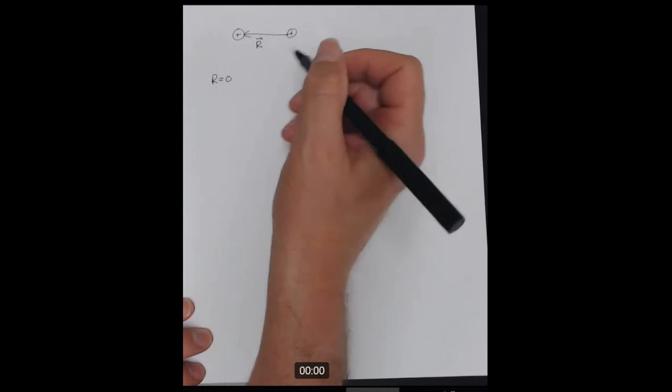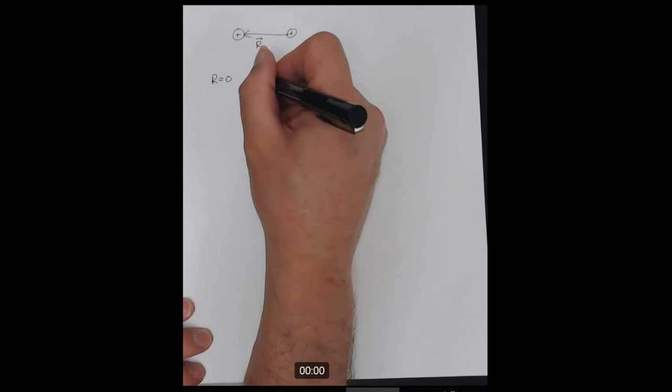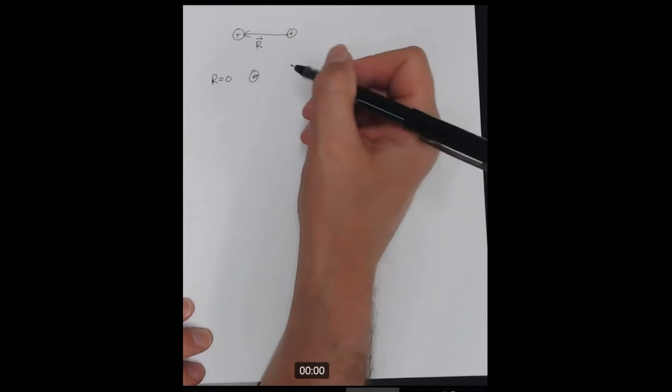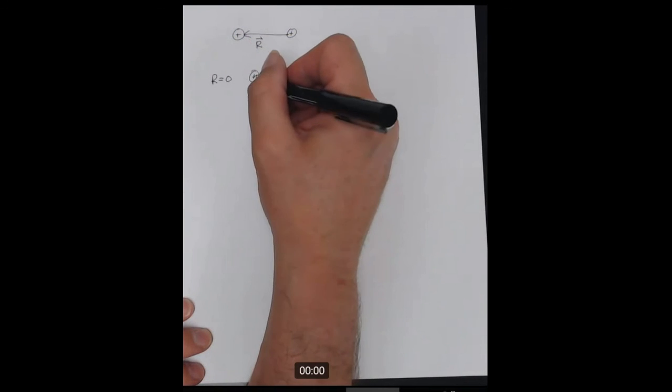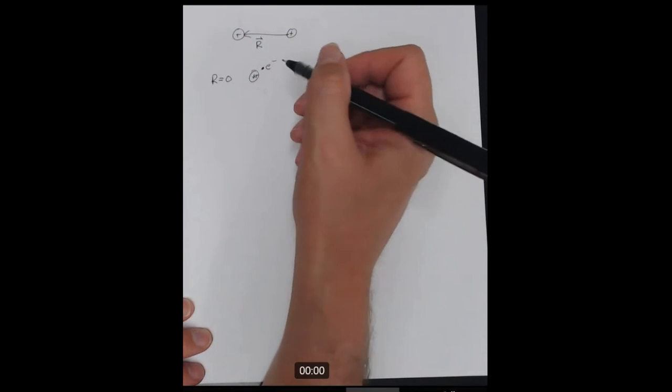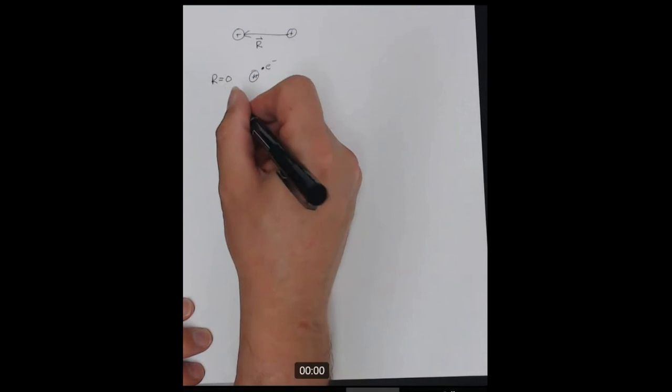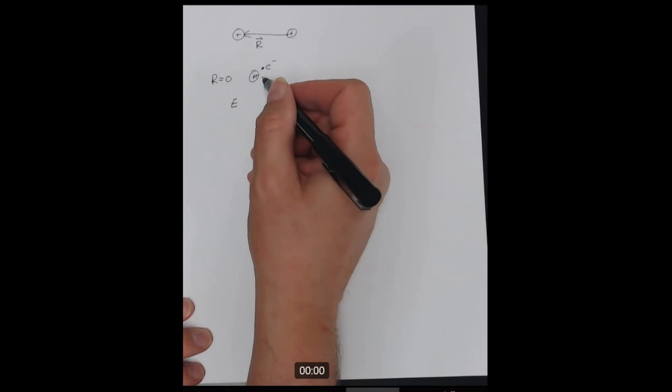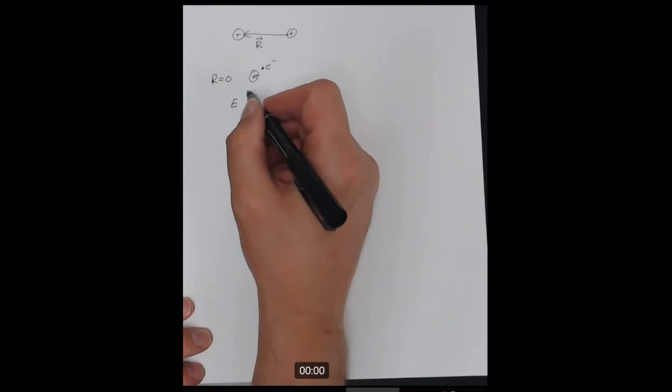So what happens when R is 0? The two nuclei are together. Well, what do you have then? You have a nucleus that has a plus 2 charge, and you have the electron orbiting that. So that's just a hydrogen-like ion, and we know what the energy should be.